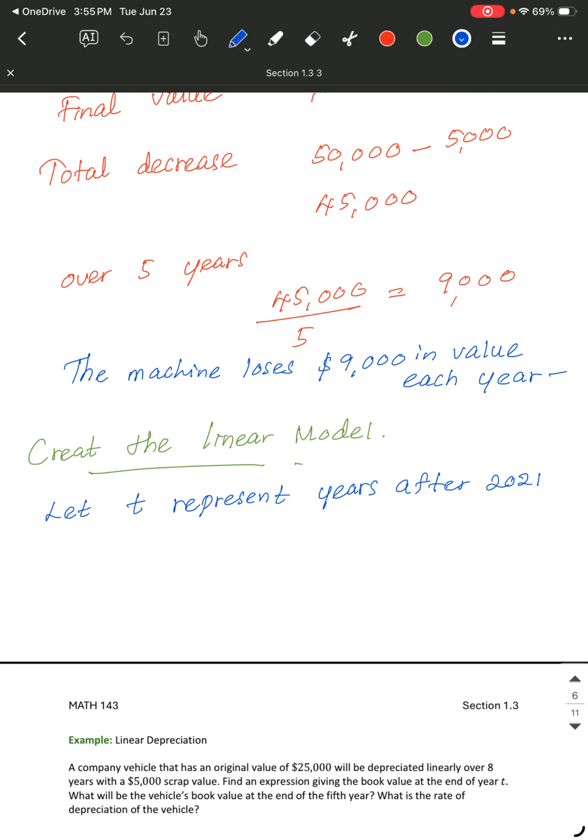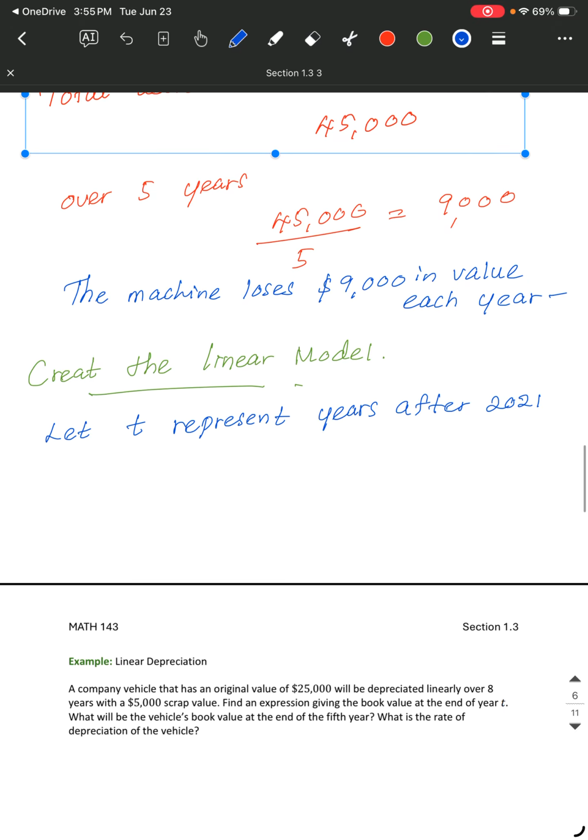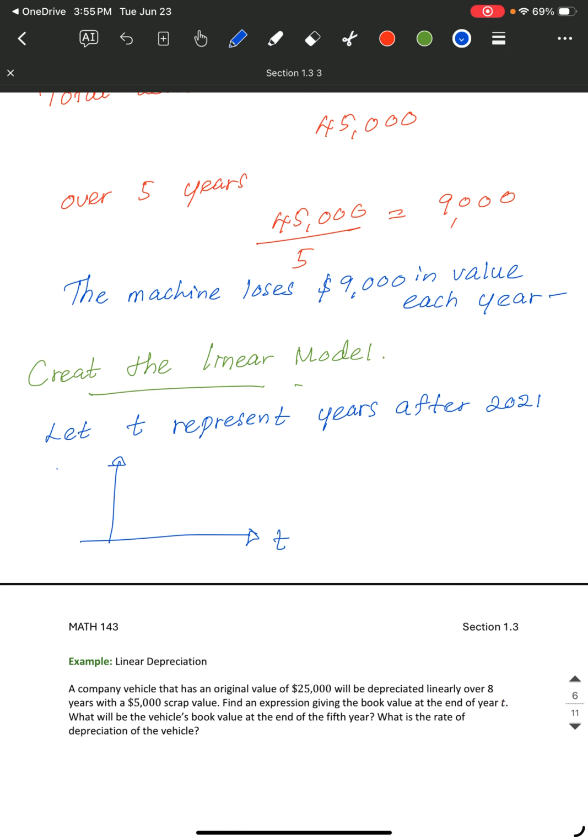Then we have T, and let's say the value at T is V(t). At the beginning, year 2021, when T equals 0, the value is $50,000. After 5 years, when T equals 5, the value is $5,000.